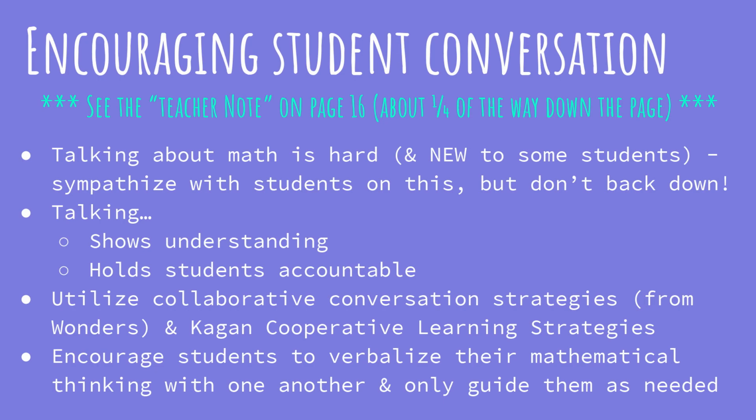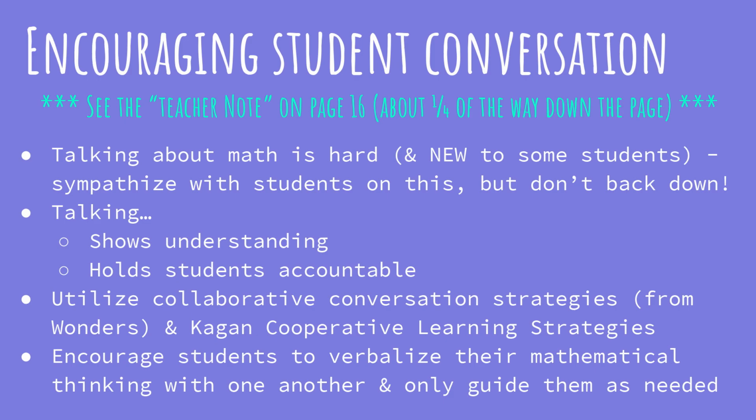On page 16 of your teacher's manual, about 1/4 of the way down, it talks about how you can guide a student through conversation of this kind of a problem, where it maybe isn't as nice and neat as dividing 4 by 1, because you can't divide 3 by 2 that easily.